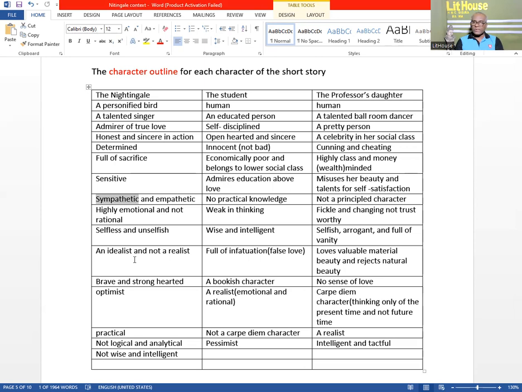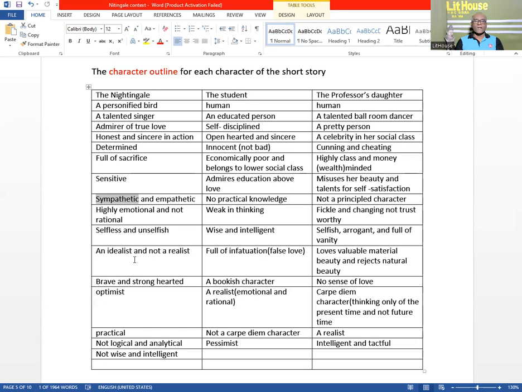You take others' sorrows as your sorrows, others' pain as your pains, others' problems as your problems. This is empathy. This nightingale has these two qualities. She is sometimes sympathetic, and beyond that, she is empathetic. She feels sorry for the young student, and she takes the young student's problem of the red rose as her problem.